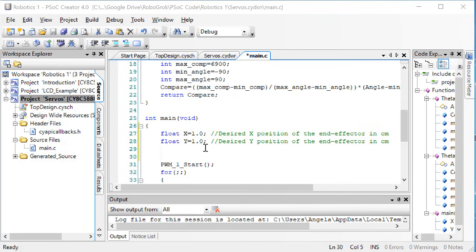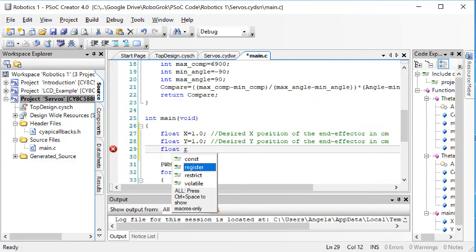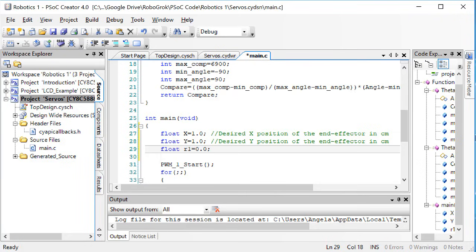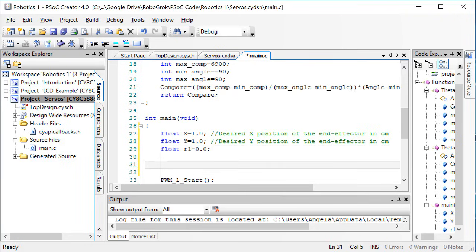We need to start with equation 1 and work through to the last equation, which for us is equation 6. Equation number 1 calculates the value of R1. So we need to create a variable to hold R1. Now, let's go ahead and calculate it.